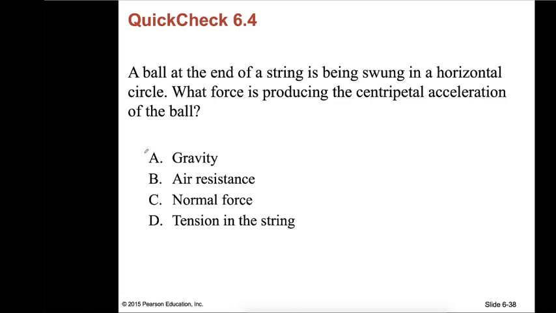Please pause the video until you find your answer. Okay, now I suppose you have made your choice. The answer is the tension of the string. So when you're swinging the ball with a string, it's the tension providing the centripetal acceleration.